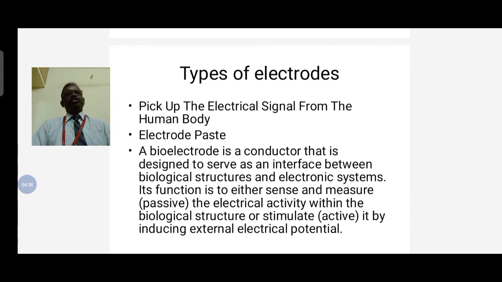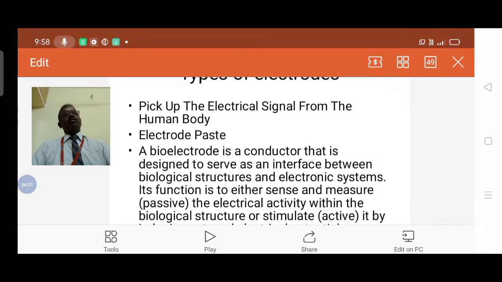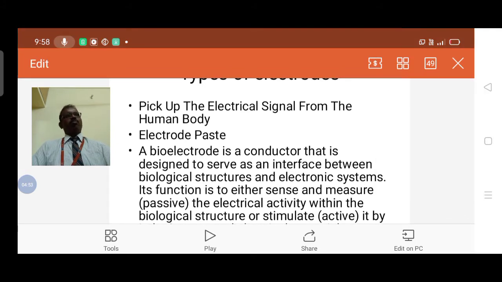Why use this instrument in biomedical engineering? The human body has microvolt signals, which are not visible to our eye.